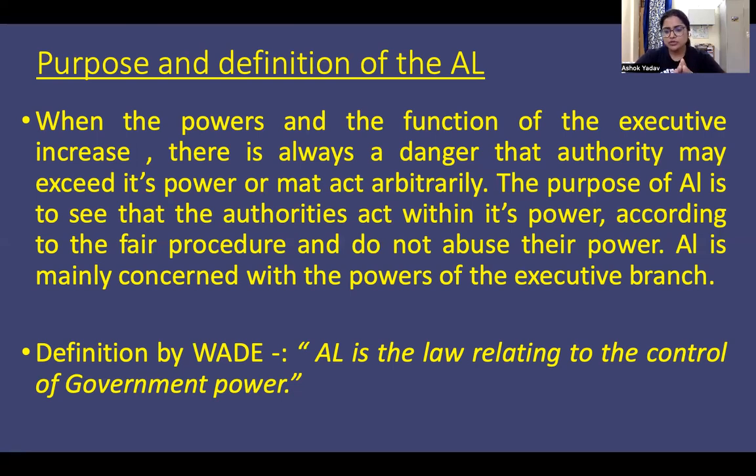There were many jurists who tried to give the definition of administrative law, but so far the definition by Wade has been considered to be the better one with respect to other definitions which were given. And he says administrative law is the law relating to the control of government power.